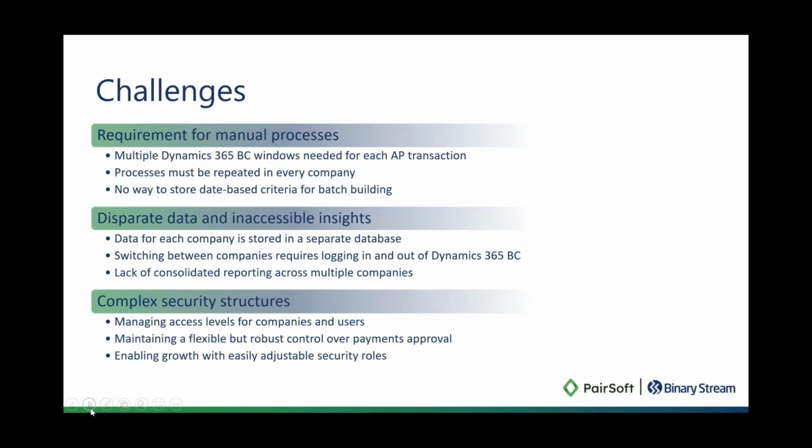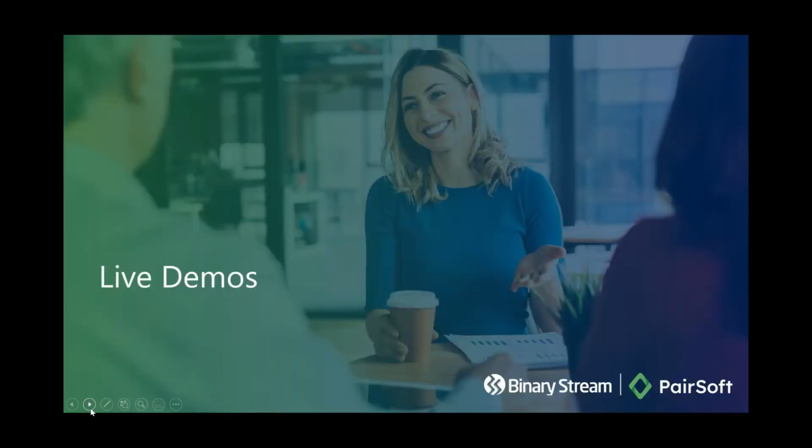But their challenges today are the requirement for manual processes, which take up a lot of time, and they have to hop through multiple Dynamics 365 BC windows for each AP transaction. They have disparate data that is not accessible across the different companies they have to switch into and out of in BC, and they have complex security structures that they manage today.